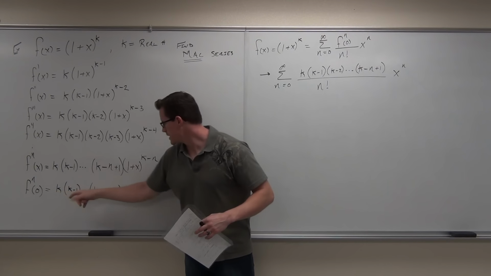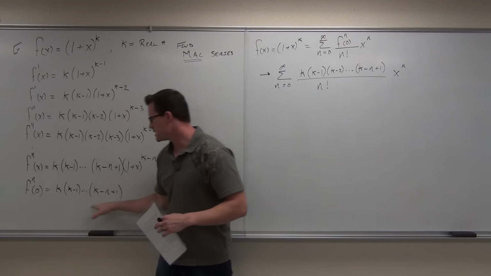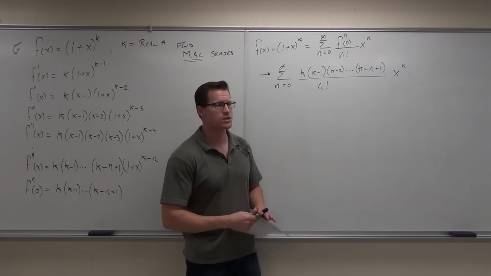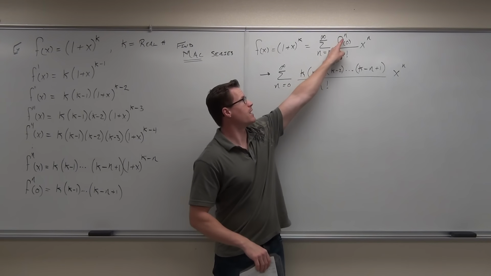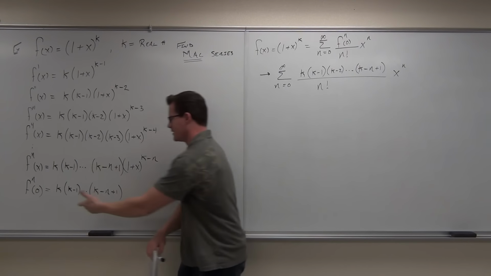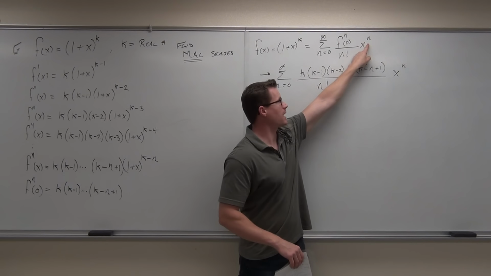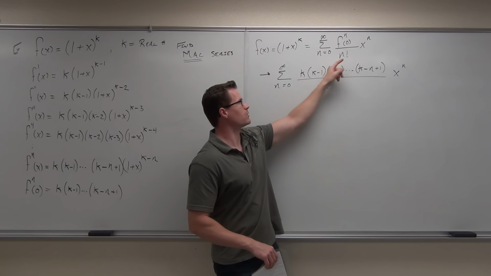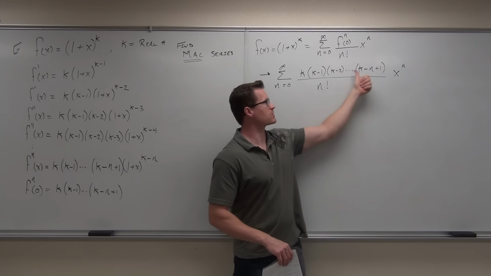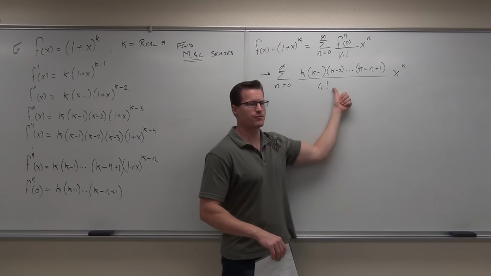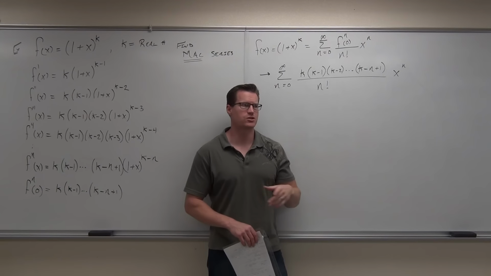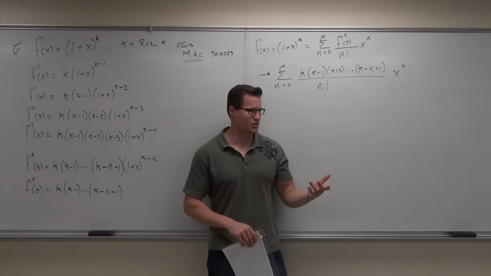So at 0, this thing's gone. We get just this piece. By definition, a Maclaurin series is the nth derivative of f at 0, times x to the n, all over n factorial. So we have the nth derivative of f at 0, we got x to the nth, we got n factorial. Hopefully it's clear for you, it's just a Maclaurin series. You guys with me on it?